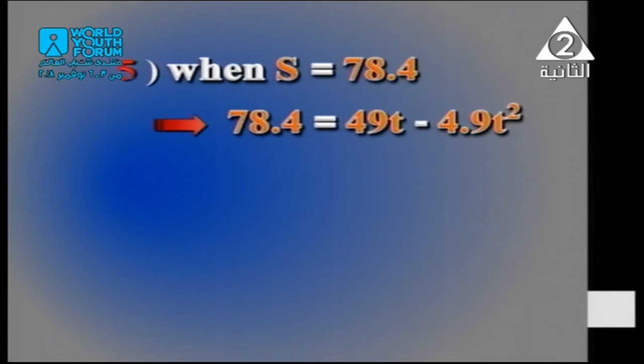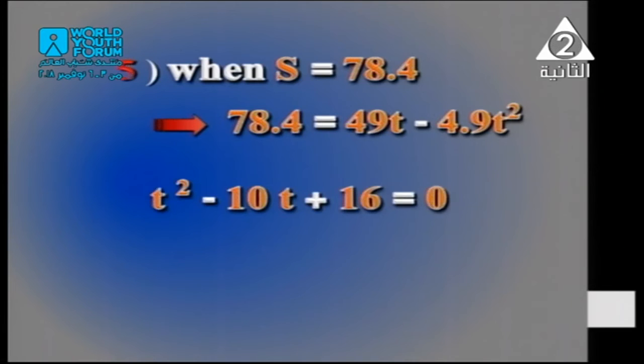By substitution or factorization, when s equals 78.4, therefore, my dear student, t squared minus 10t plus 16 equals 0, by calculator or factorization.